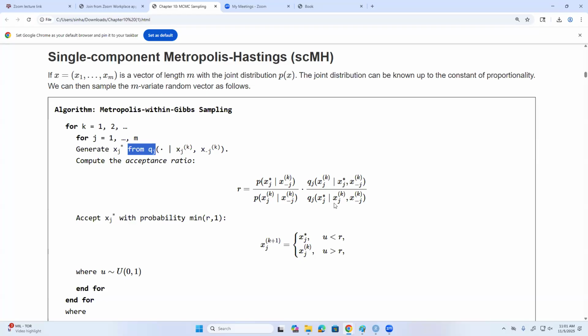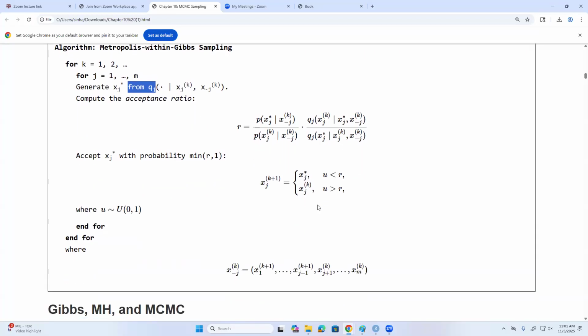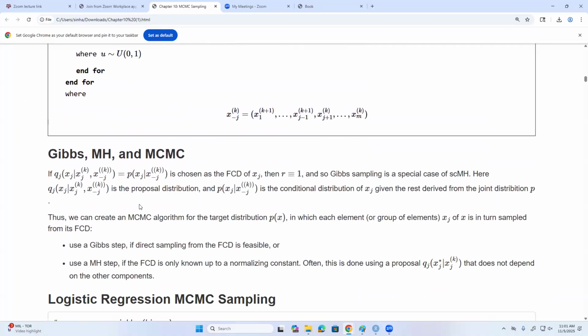If it is larger than 1, you just set it to be 1. Questions? So this is the algorithm.